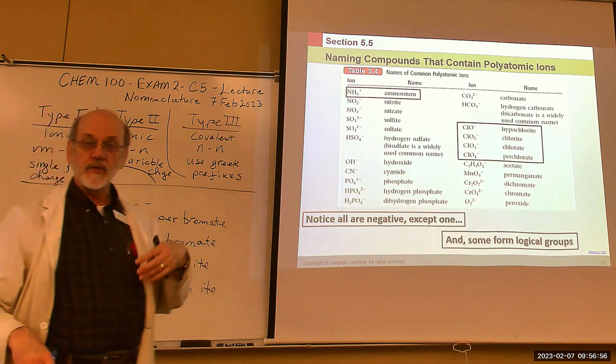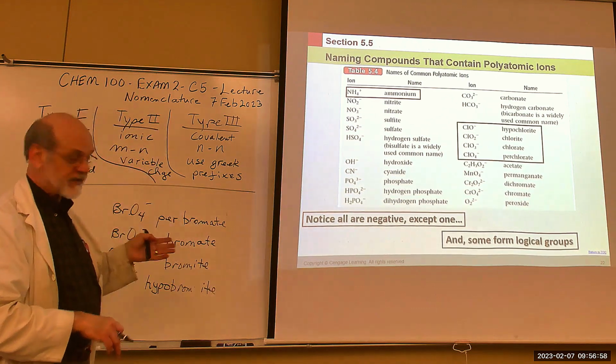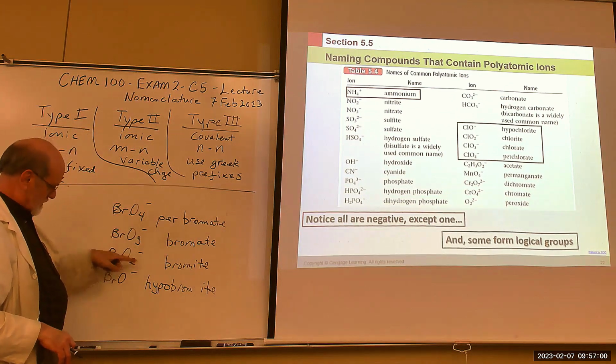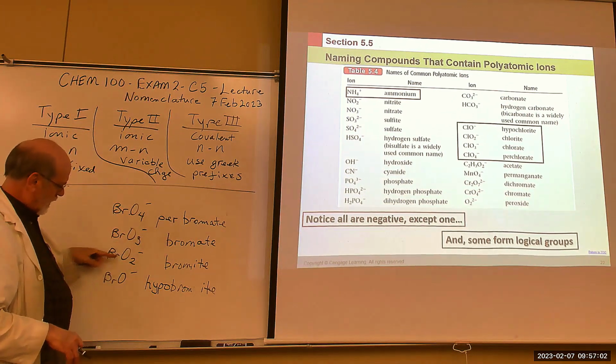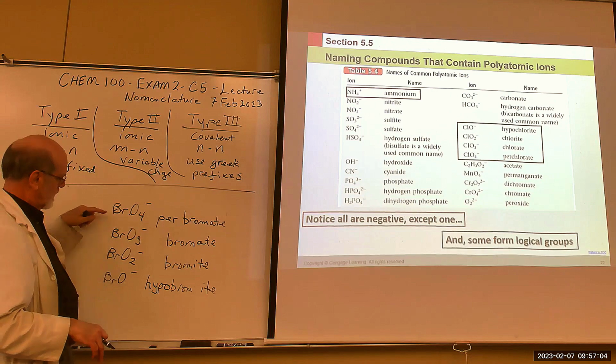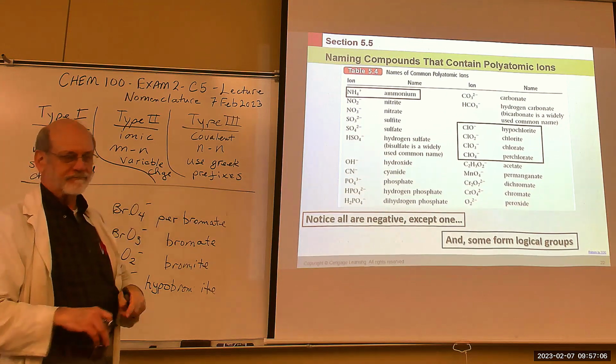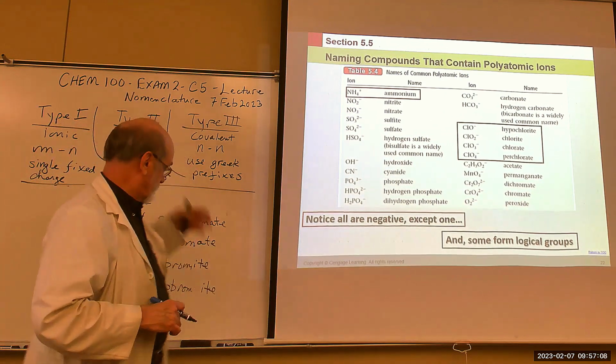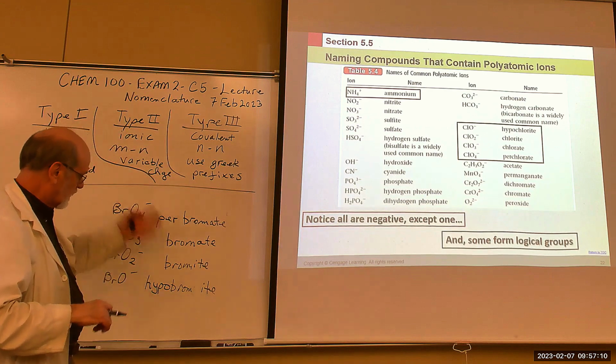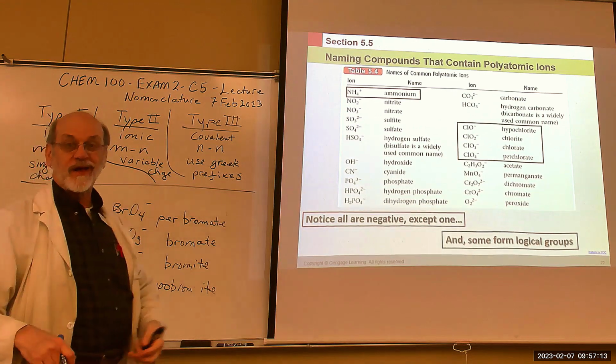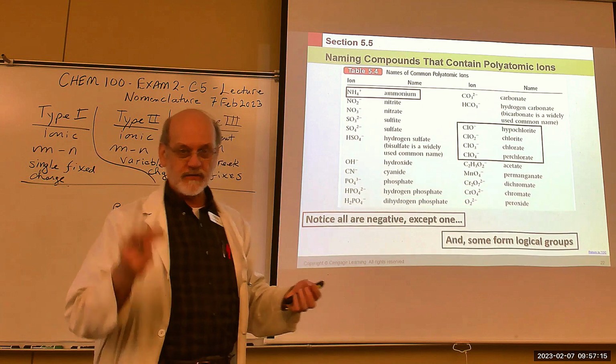And you can do that also with iodine. It's in the same family. So it'd be iodate, iodite, hypoiodite, and periodate. Once you learn that sequence, that gives you 12 polyatomic ions right there.